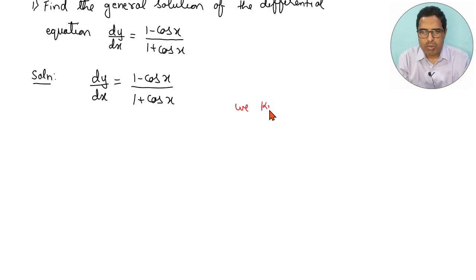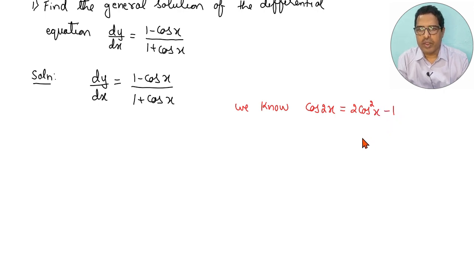We know this formula: cos 2x is equal to 2 cos square of x minus 1. Now if I take this minus 1 on this side, it becomes 1 plus cos of 2x is equal to 2 cos square of x.